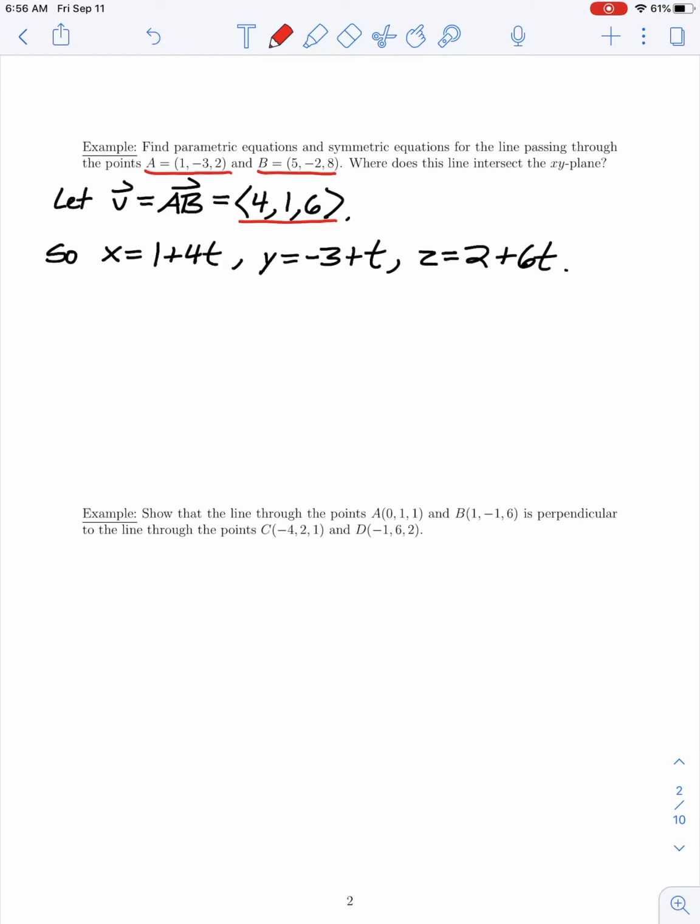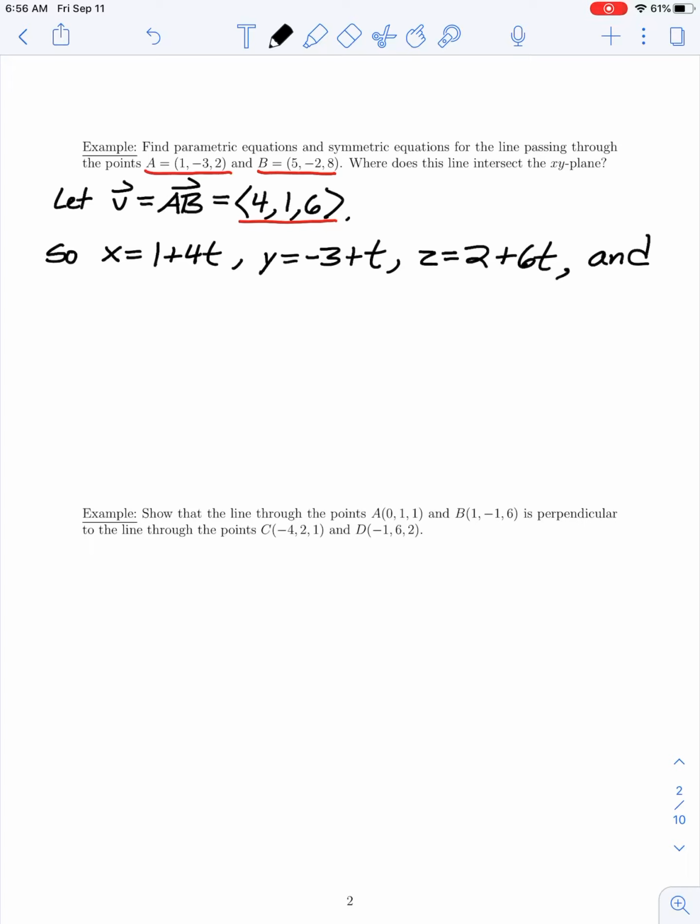Now we're also asked for the symmetric equations for our line. So let's say those were our parametric equations, and our symmetric equations are obtained by solving each of these for t.